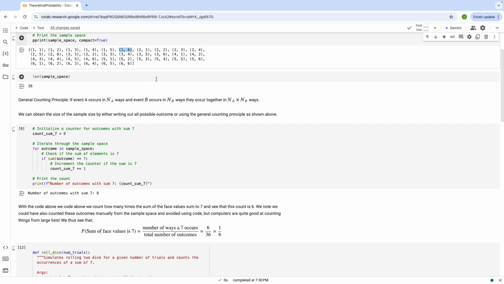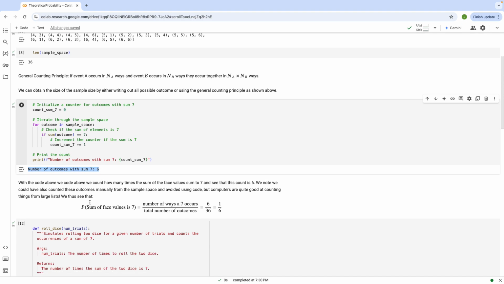There's also an outcome of a 7 of 2, 5. There's more than one way in which the two dice can sum to 7. If you count all of them in this sample space, you're going to come up with 6 ways. And we verify that with this code here. The number of outcomes with sum of 7 is 6.